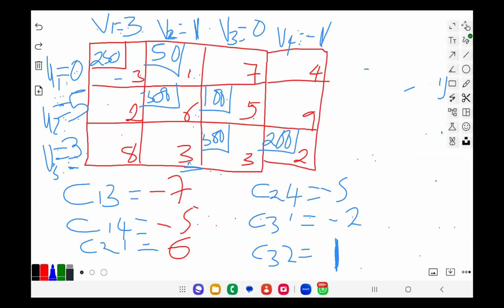So now, the rule is the optimal condition can only be reached at a point where the Pij, the penalties, are less than or equal to 0. In short, you should not find a positive number.